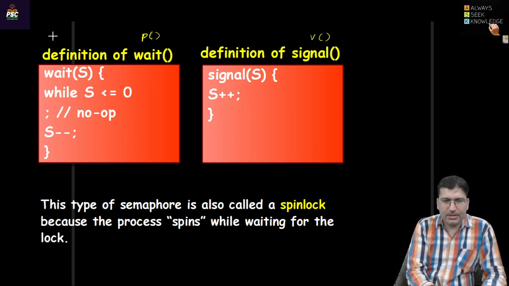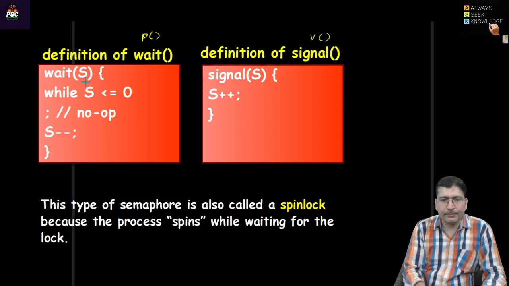Let's say initially we have a semaphore variable S, and S has a value associated with it, maybe 0 or 1 or 2 and so on. If it is a binary semaphore, it will have only two possible values, 0 or 1.